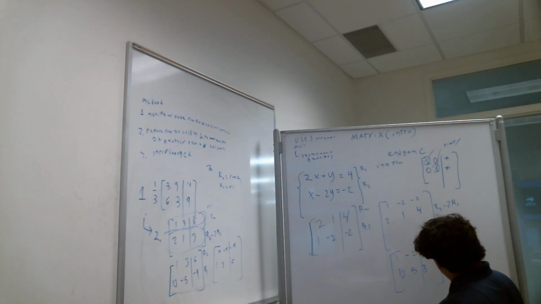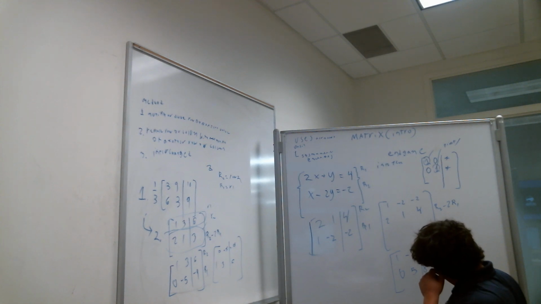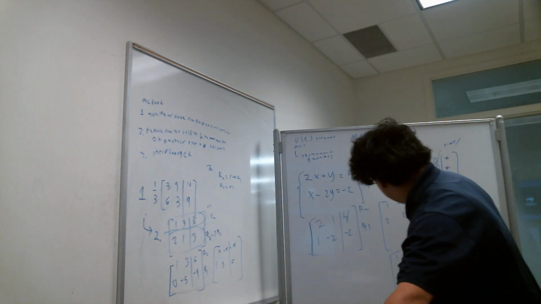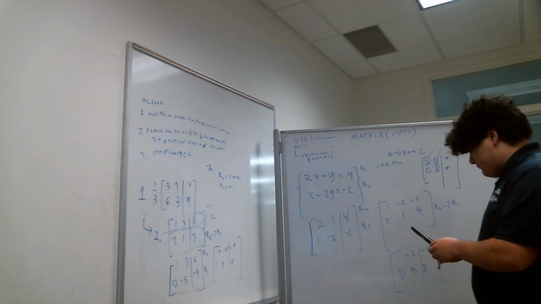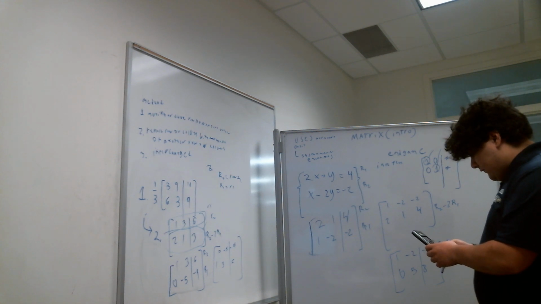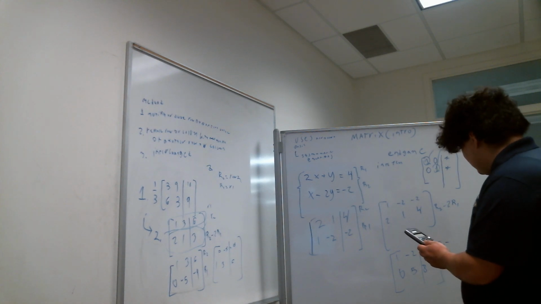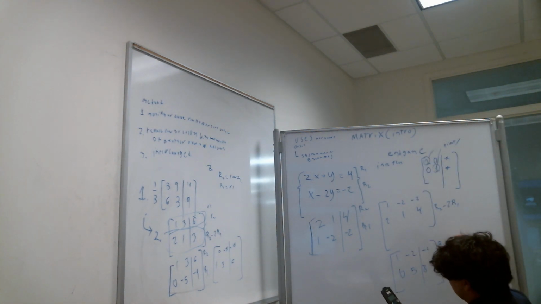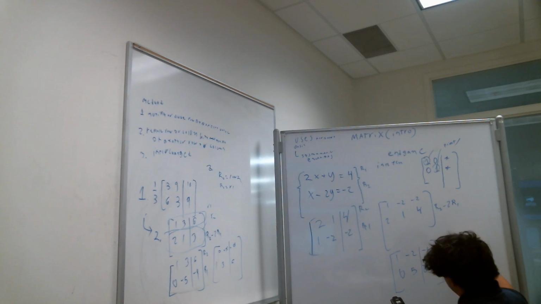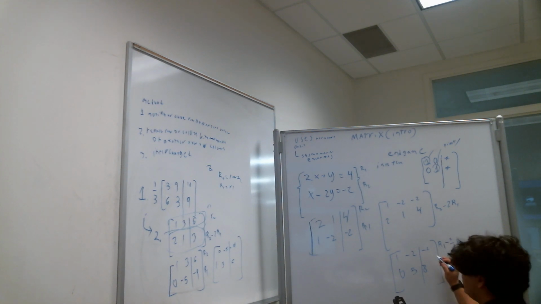Then for the top one, you try to get rid of negative 2. R1 minus, how do I make that 0? I simply do 5 times negative 2 over 5, which is negative 2: R1 minus 2 over 5 R2, and now you get 1, 0. You have to do the same with the rest.